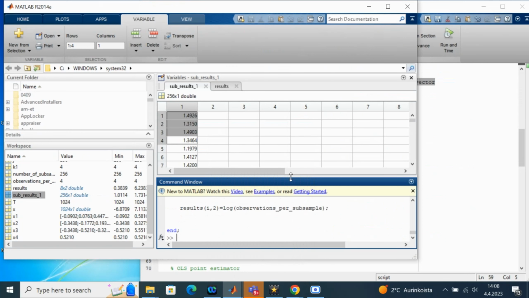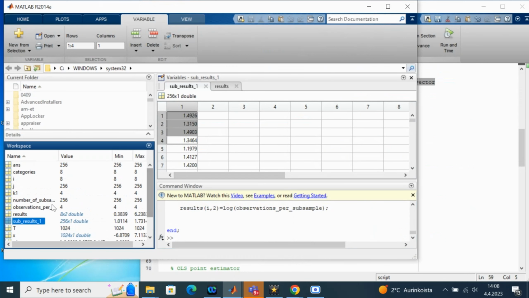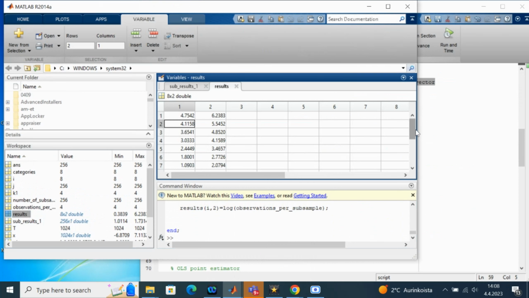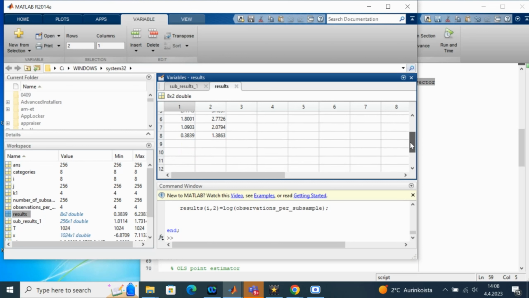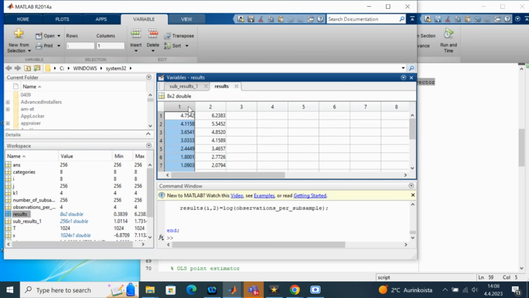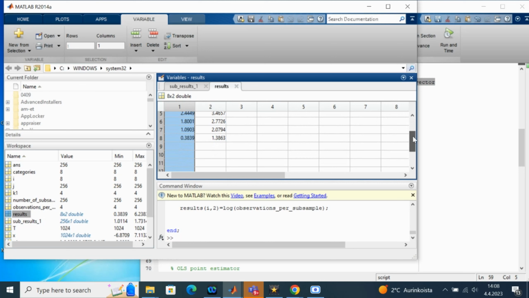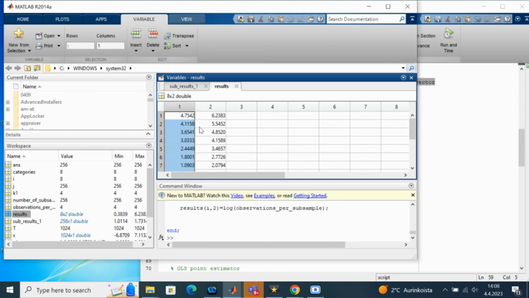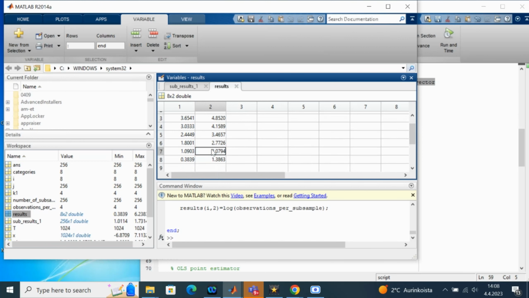And now, let's check the result matrix. Here is our result matrix. Now we have 8 entries and 2 columns here. In the first column vector, we have the corresponding logarithm of the average rescaled range statistics given each cluster size in logarithms.